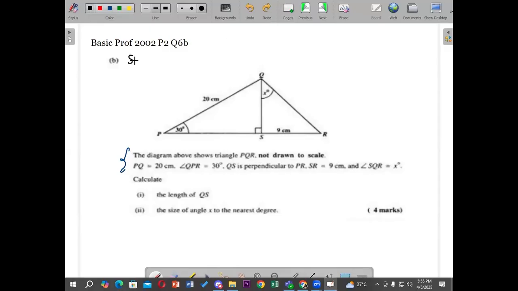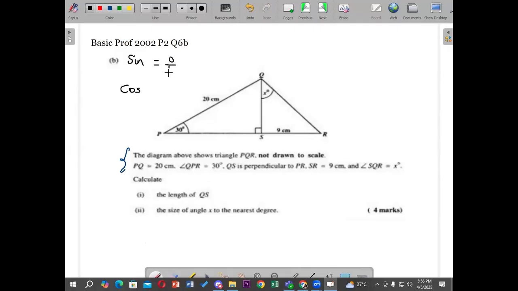So let me just write this out. Sine is opposite over hypotenuse, right? I just put in the first letter. Cosine is adjacent over hypotenuse. I put an E instead of an H, so I need the eraser.